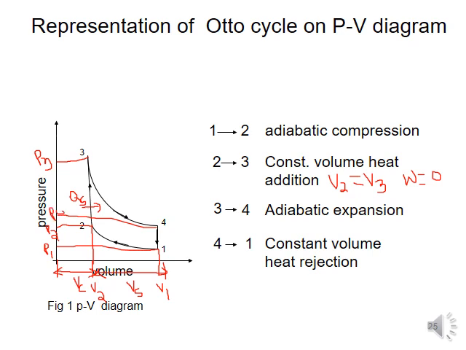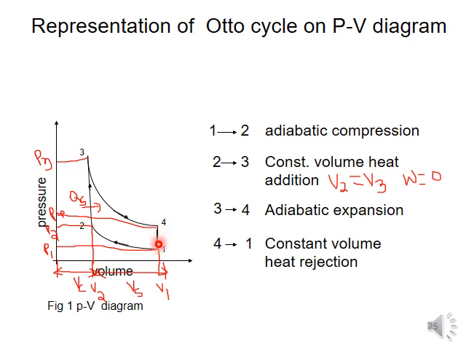The pressure is decreasing from P3 to P4, and the temperature is also decreasing from T3 to T4, but the volume is increased. Pressure is inversely proportional to the volume because PV to the power gamma is equal to constant. So the pressure decrease means automatically the volume is increased to V4.